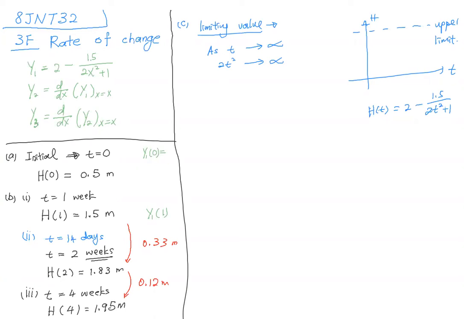Then what should I write? Do you want to say about H(t) or 2t squared plus 1 first? 1.5 divided by 2t squared plus 1. Correct. So we study this term first: 1.5 divided by 2t squared plus 1 will approach 0.